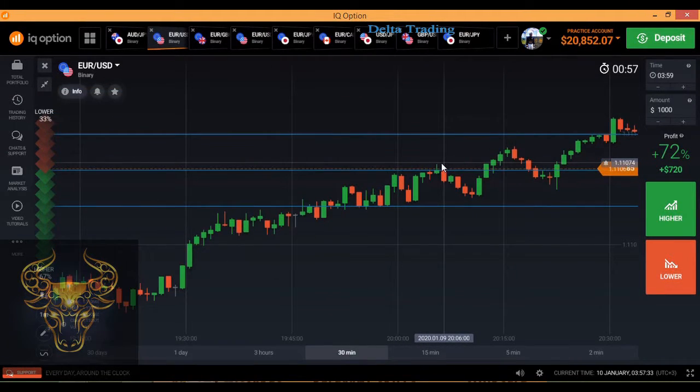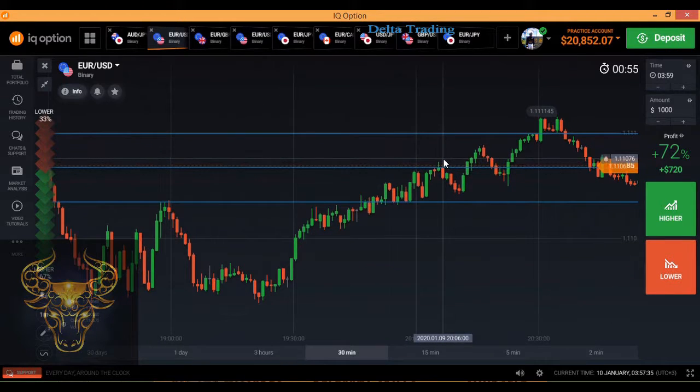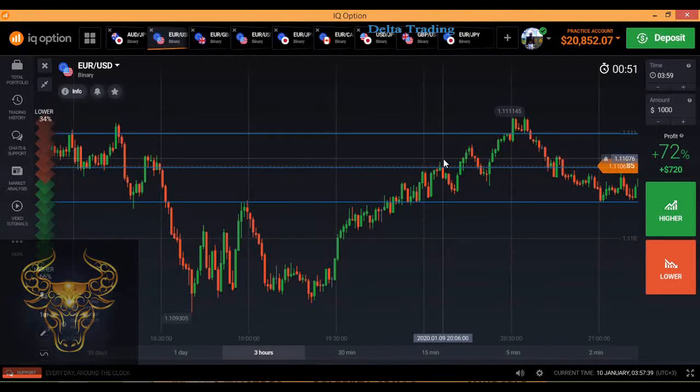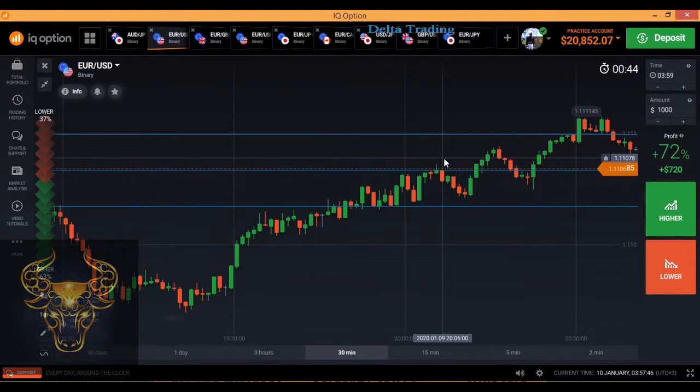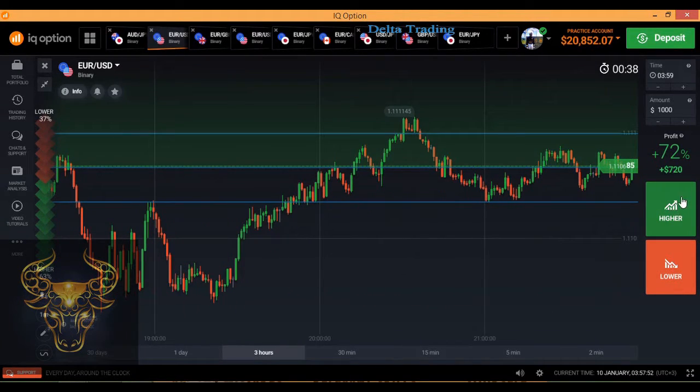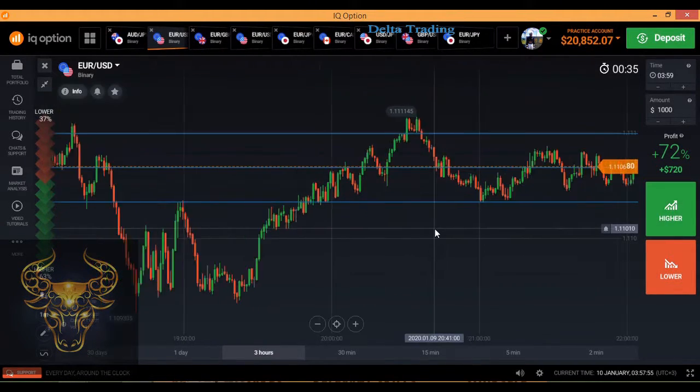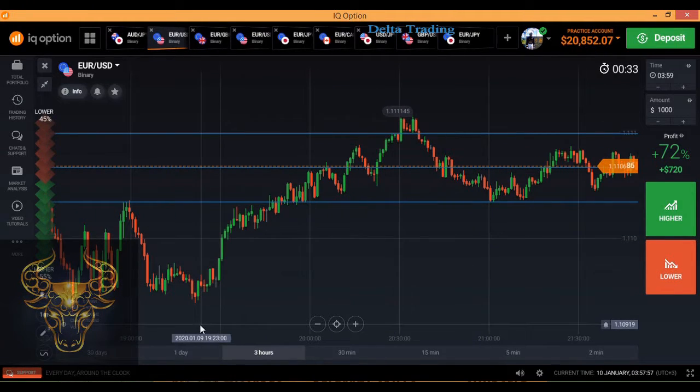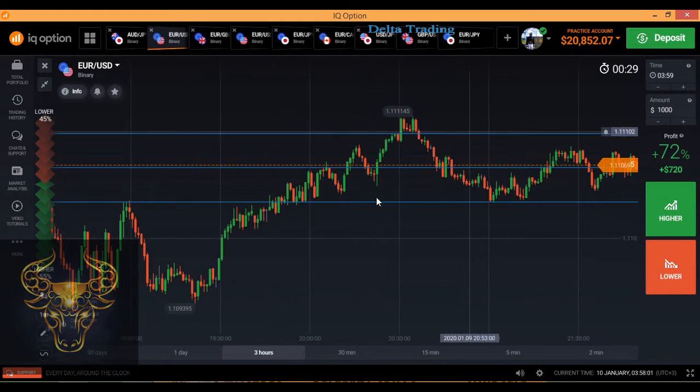You don't only identify if there is a strong trend, because it also happens that there is a strong trend and it's not healthy. It also happens that there is a downtrend and it's healthy. So if you want to trade up, or a call, you have to identify an uptrend with healthy candles going up.